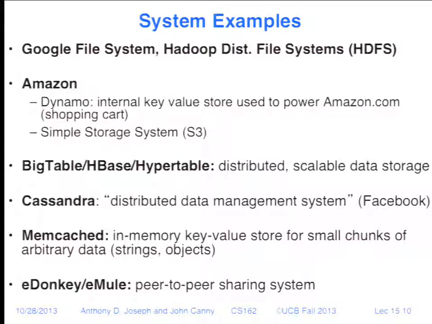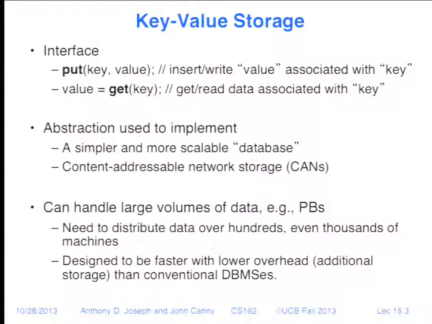You can layer on richer structures to represent relational data with those. Facebook has their own system, Cassandra, and Memcached is a popular in-memory key-value store that's used for a variety of purposes, for caching, acting as a cache, actually probably on hundreds of thousands of machines at the high end.